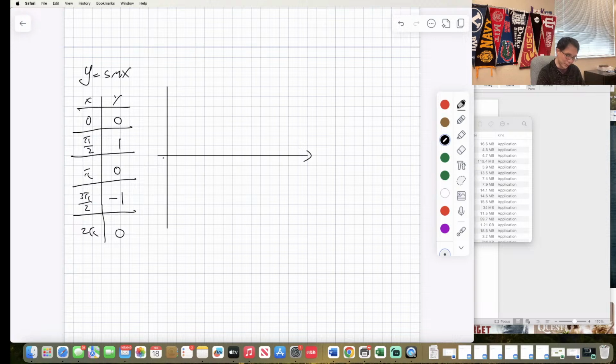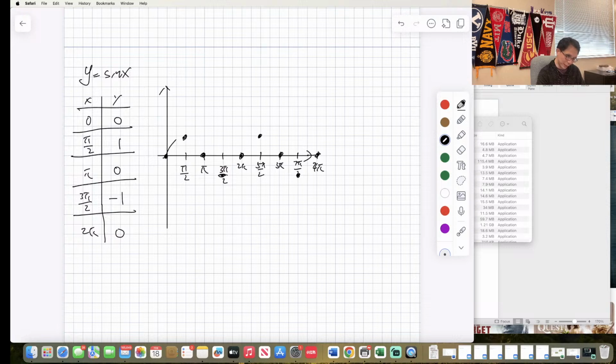This time, I'm going to use some simpler values. So this one is going to be pi over 2, and this is pi. This is 3 pi over 2, this is 2 pi, this is 5 pi over 2, this is 3 pi, this is 7 pi over 2, and this is 4 pi. So the values are going to start here: 0, 1, 0, negative 1, 0, positive 1, 0, negative 1, 0.